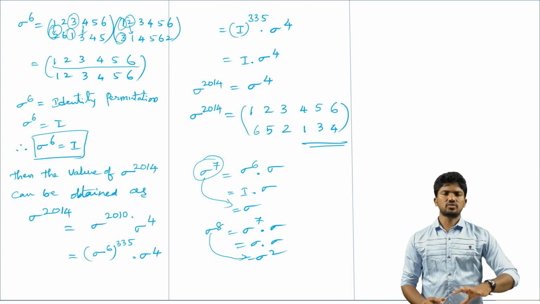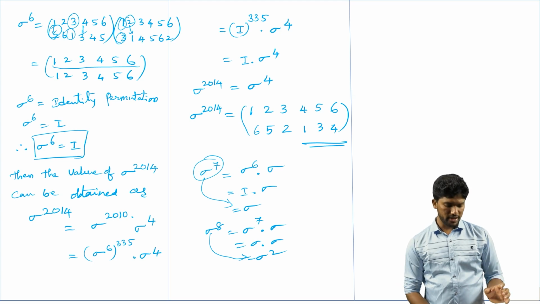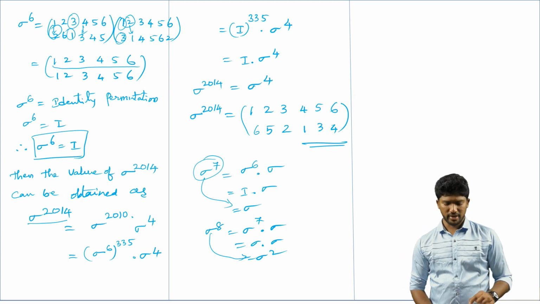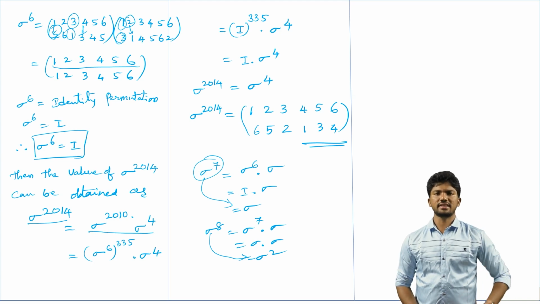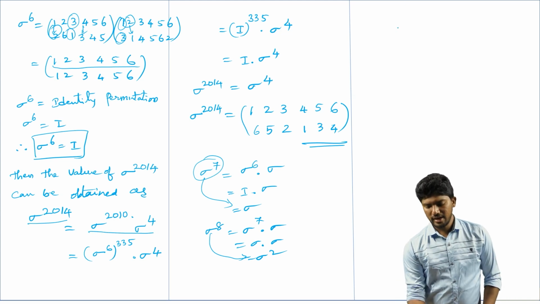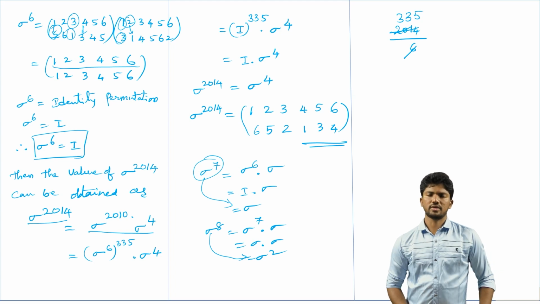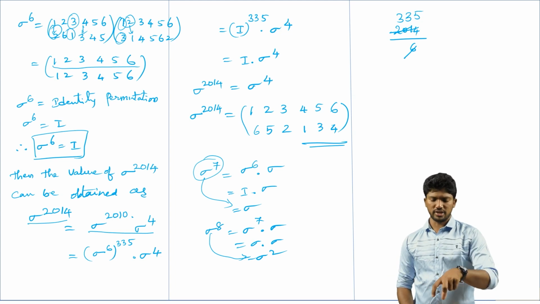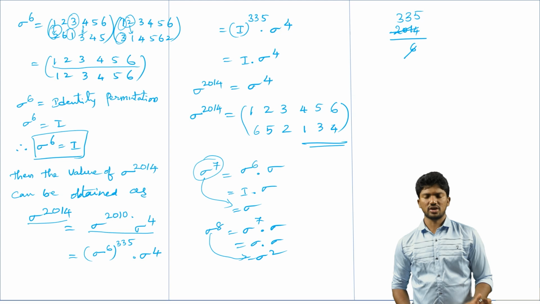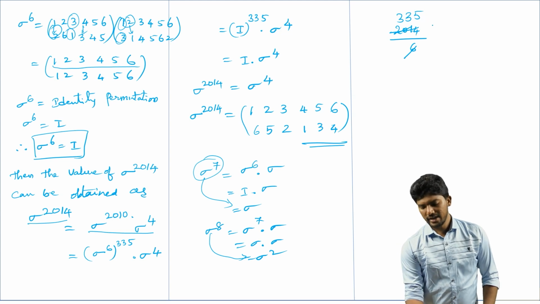Now the value of sigma power 2014 can be obtained as sigma power 2010 into sigma power 4. How can you write that? First of all, you have to divide the given number 2014 by 6. 6 ones are 6, 6 threes are 18, and 2 is there, and 6 threes are again 18, and 3 is there. 6 fives are 30, so 4 is the remainder. 2010 gets cancelled, so again 4 is the remainder.